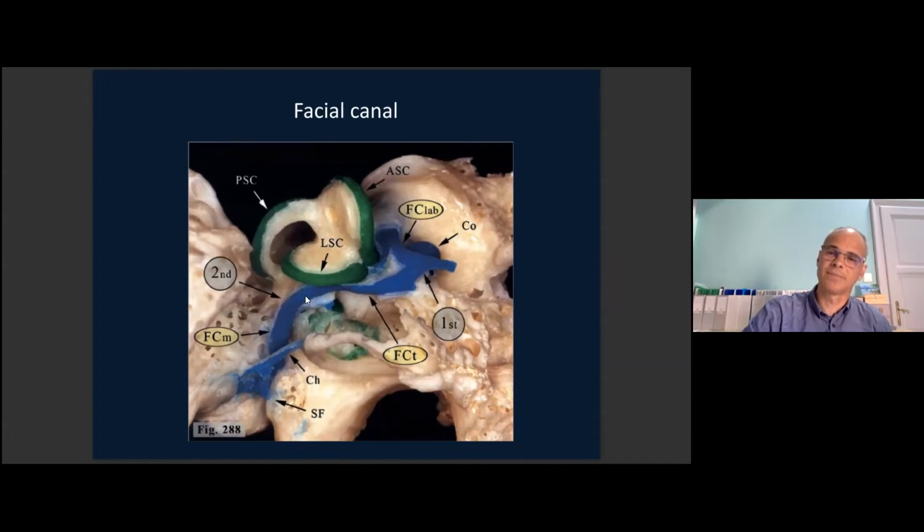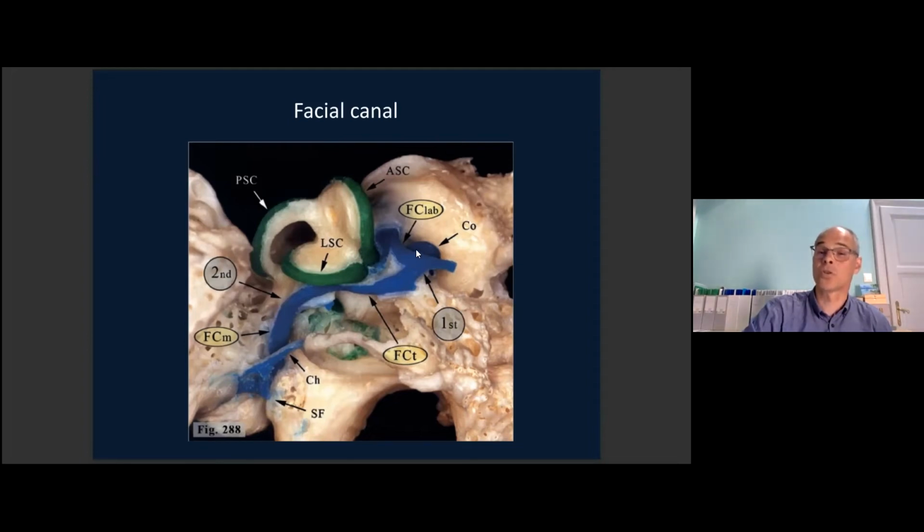This area is the second genu, or we can say pyramidal portion, and this is the first genu here. The labyrinthine portion of the facial canal is short, about 3 to 5 millimeters long, and it is always curved because it is positioned around the first turn of the cochlea.